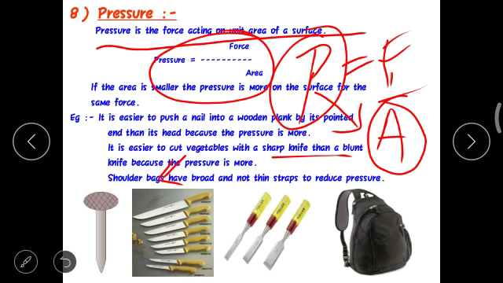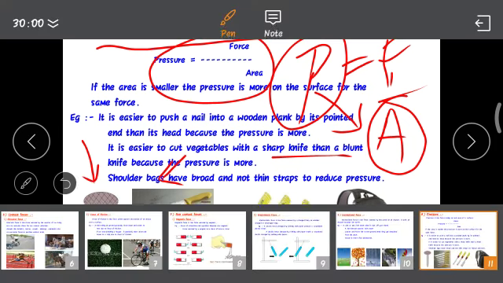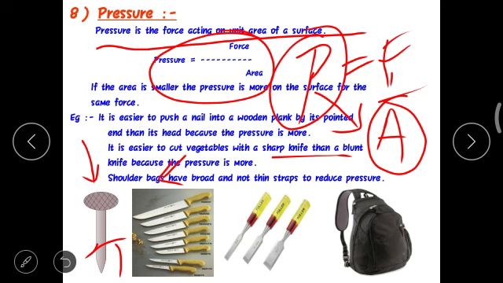The pressure is also applied by a nail on the wooden board, because it has a small pin area, due to which it can apply more pressure and can easily go inside the wall. So small area can apply more pressure.